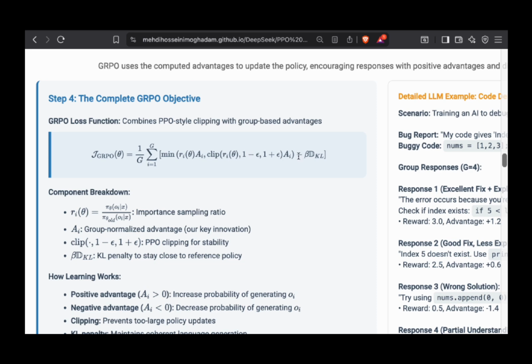And at the same time, in the GRPO loss function for DeepSeek, we do encounter the KL divergence, in order to make sure that the update of our LLM, or the probability of that, would stay within a certain distance from the reference policy, because again, we don't want to make too much difference. And yes, the KL penalty is just to stay close to the reference policy.